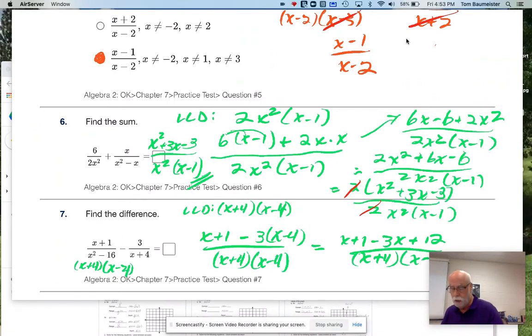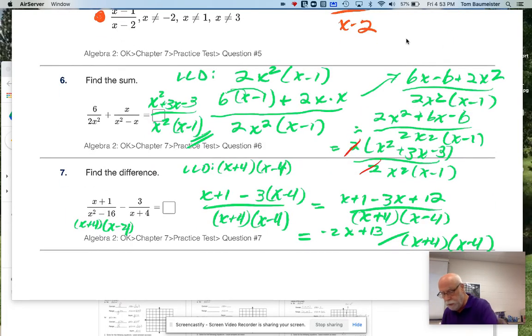Negative 3 times negative 4 is plus 12. All right, and to simplify that, x minus 3x will be negative 2x. 1 plus 12 is 13. Again, that's going to be all over x plus 4, x minus 4. And that is your final answer for that one.